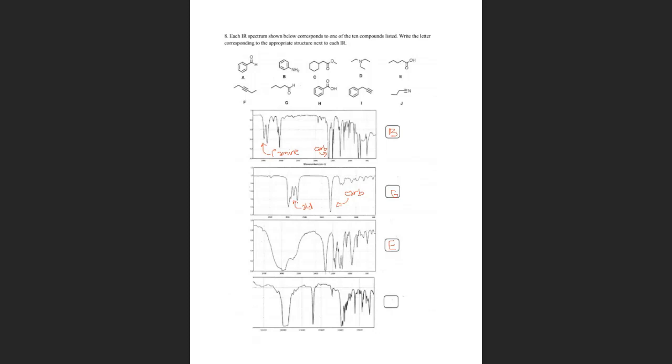What does this one look like? Or is there anything that we can easily read from this IR? Okay, Viona, ester, and Brandon, nitrile.